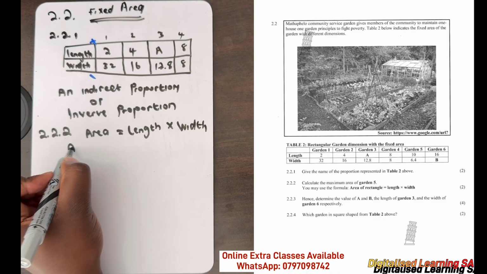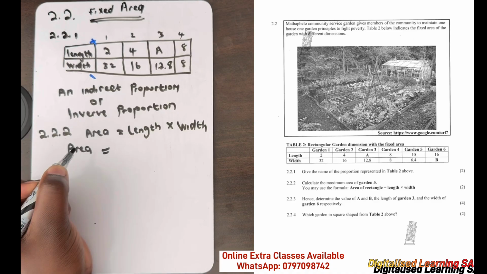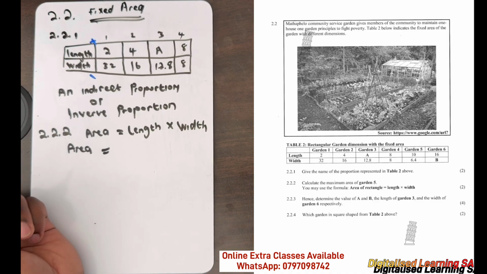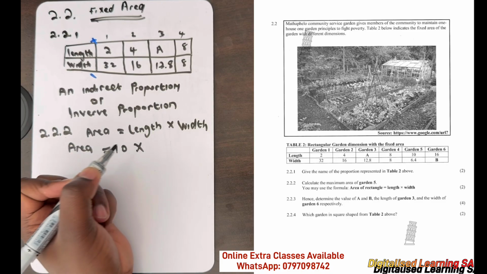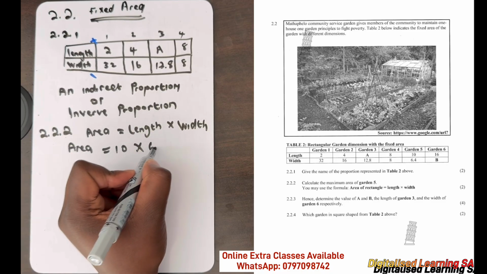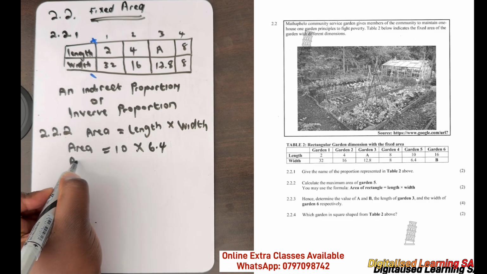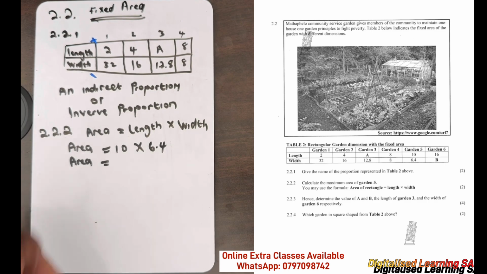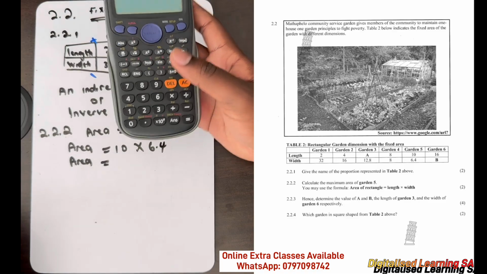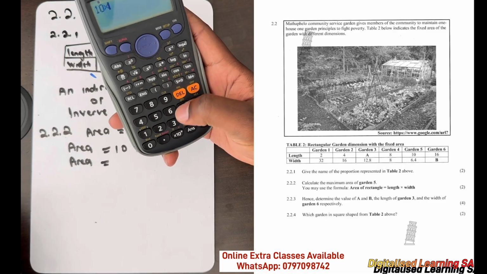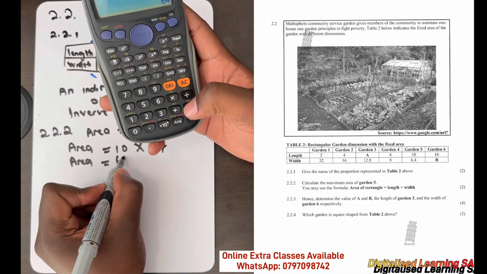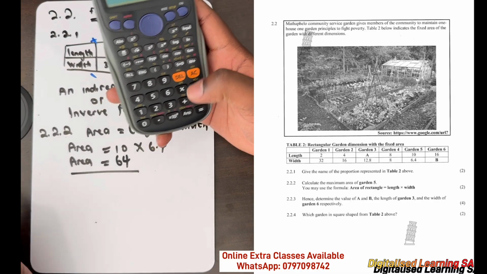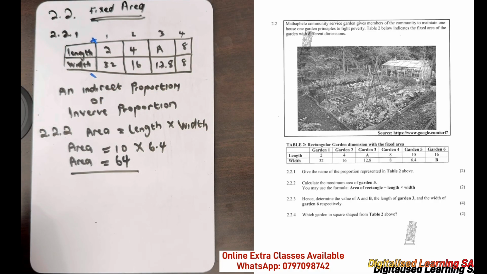So our area equals our length for garden 5, which is 10, multiplied by our width, which is 6.4. It will be 10 multiplied by 6.4, and our answer will be 64. Our area will be 64. So now let's move to question 2.2.3.